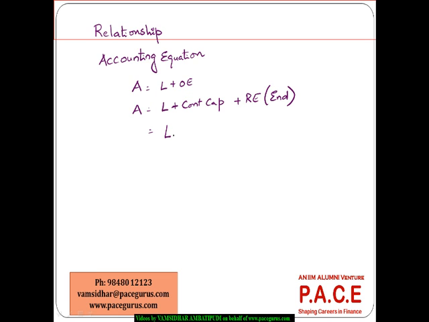So the way we can write it is liabilities plus contributed capital plus retained earnings at the beginning of the period plus revenues generated during the period minus the expenses during the period, minus the dividend. That is what contributes to the retained earnings at the end of the period, because whatever revenue is generated during the period, less expenses, gives me net income.